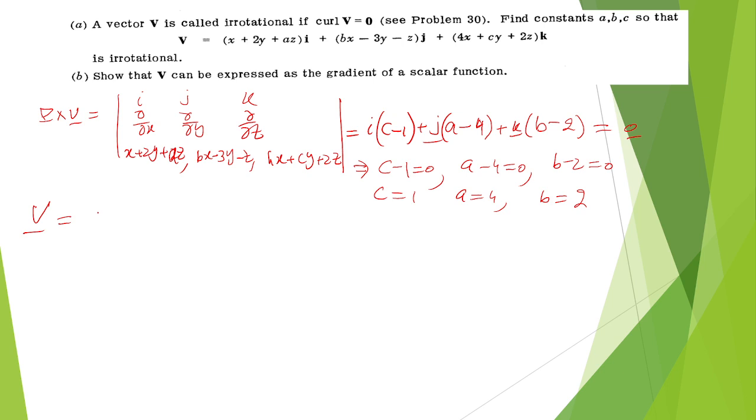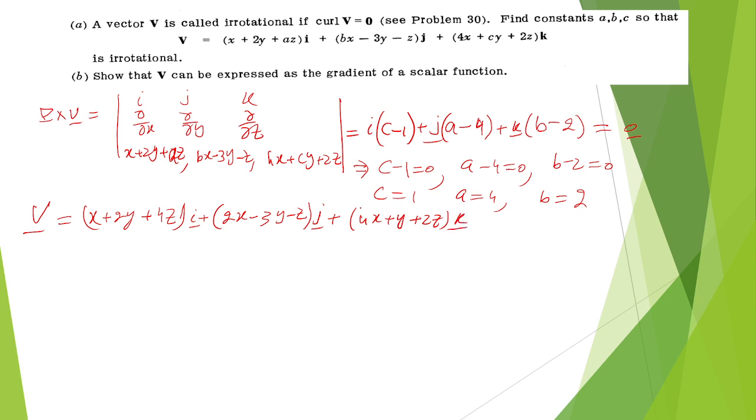Then V becomes x plus 2y plus 4z in the i direction, then b value is 2, so 2x minus 3y minus z in the j direction, and 4x, c value is 1, so that becomes y plus 2z, that is k.